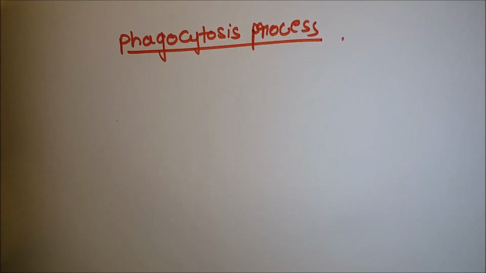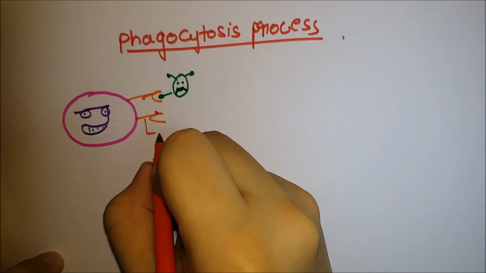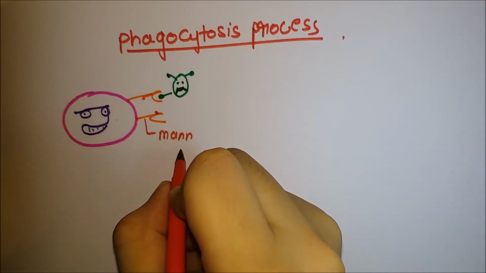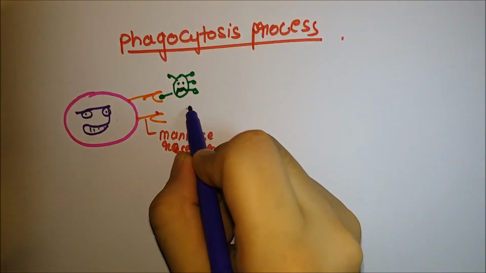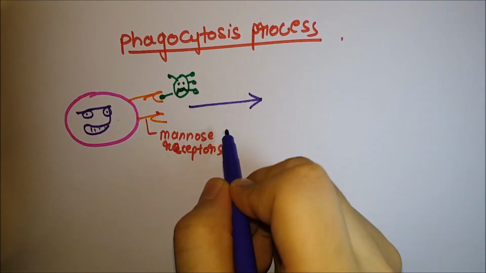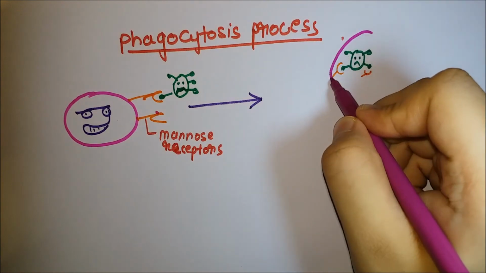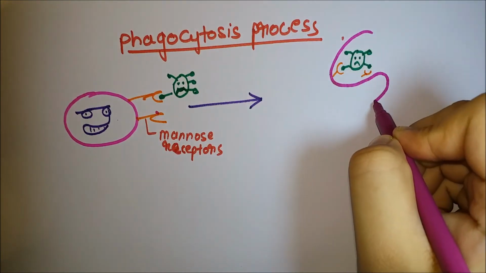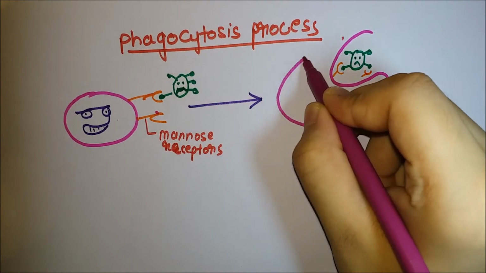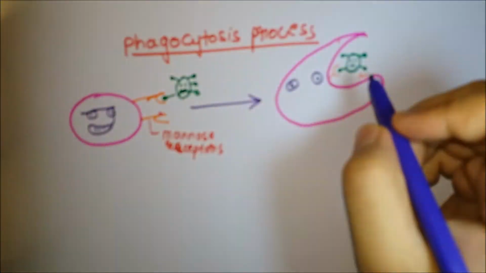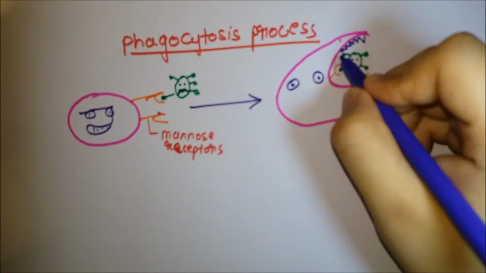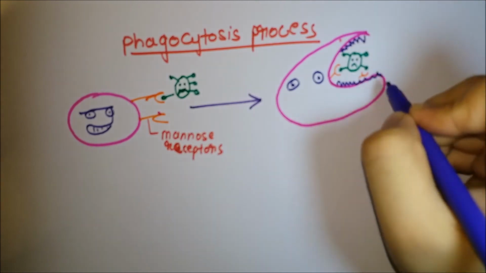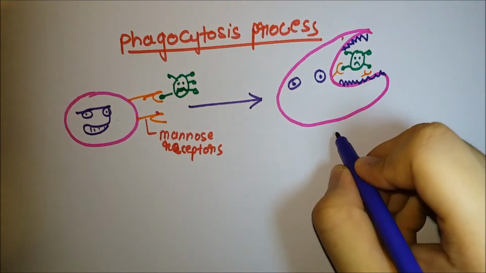After the neutrophil binds with the microbe with the help of mannose receptors on the neutrophils and the mannose residues on the bacterial cell wall, there is pseudopodia formation, in which the neutrophil or the macrophage engulfs the microbial organism.